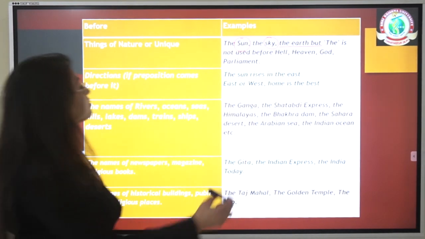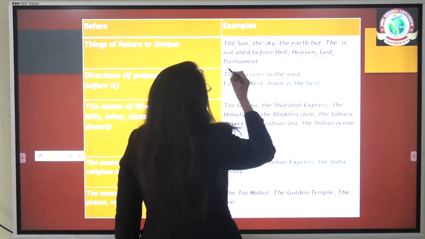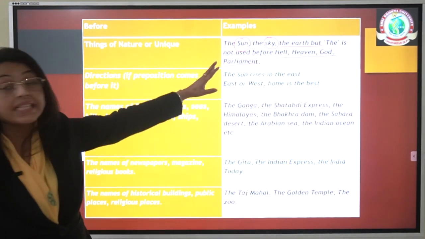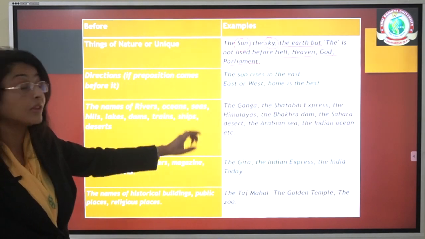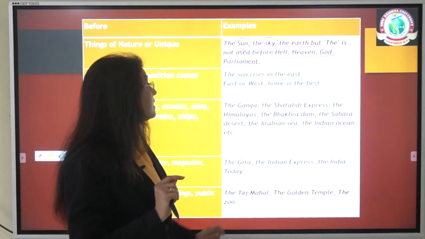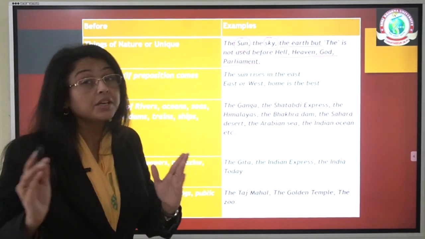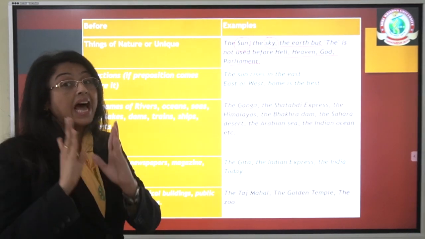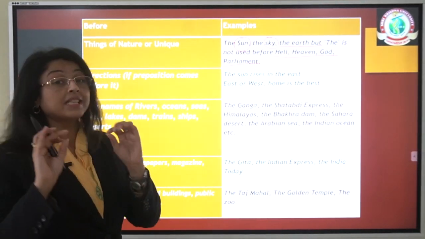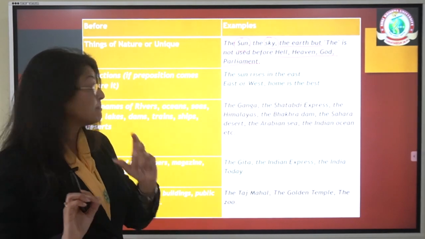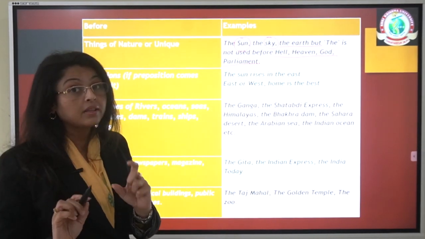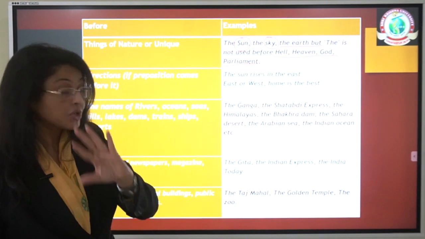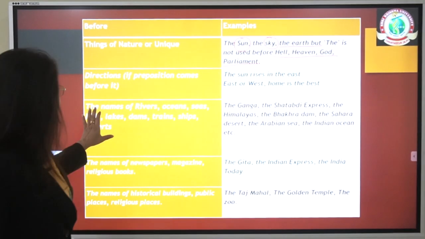It is not used before hell, heaven, God and parliament. Now these are some exceptions. Be very careful. The way we have seen the exception in useless thing, a useless thing, you will not say an useless thing, despite the word useless starting with a vowel letter. There are exceptions, keep those in mind, okay?